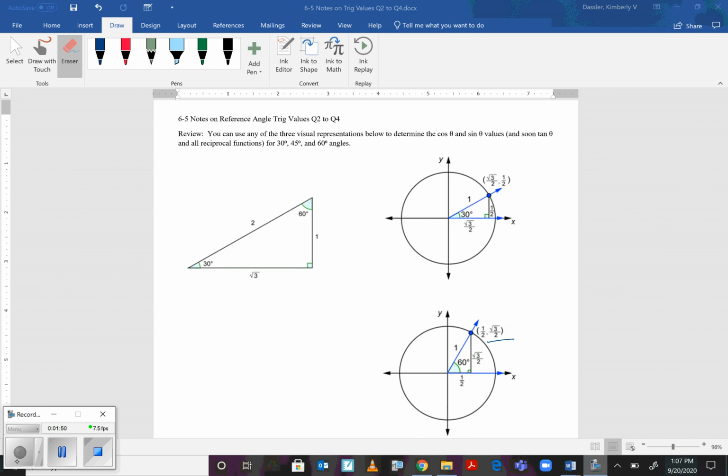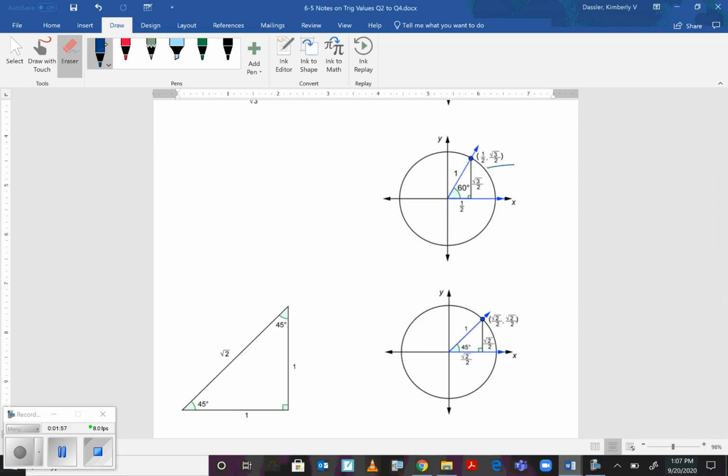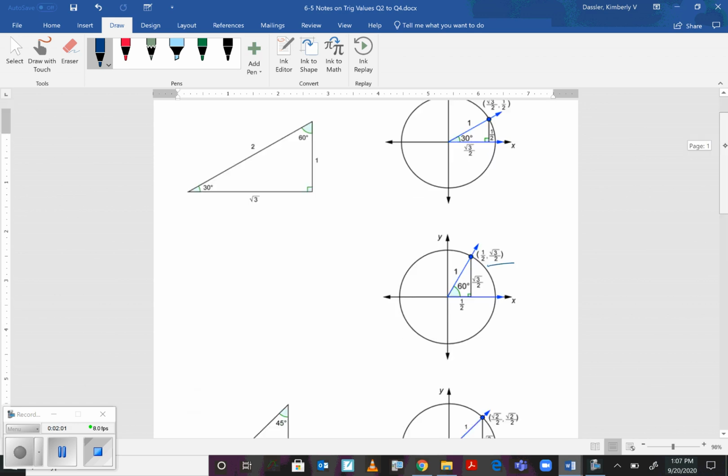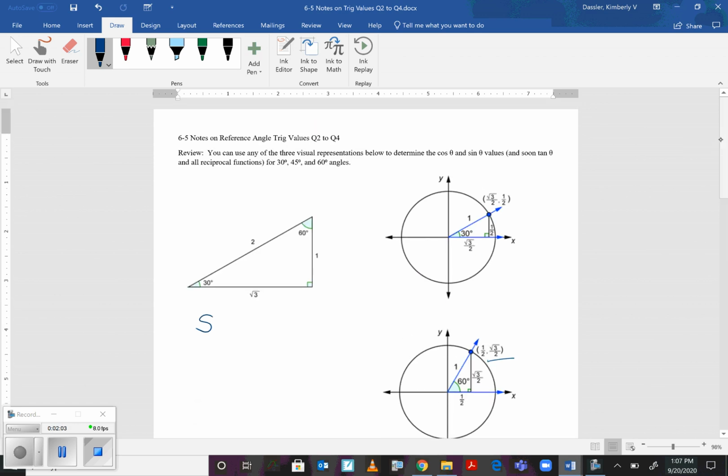Then, if you get an angle measure that is not in the first quadrant, let's say the sine of 240 degrees. So let's say we're looking at the sine of 240 degrees. We can say, well, that's a multiple of 60.